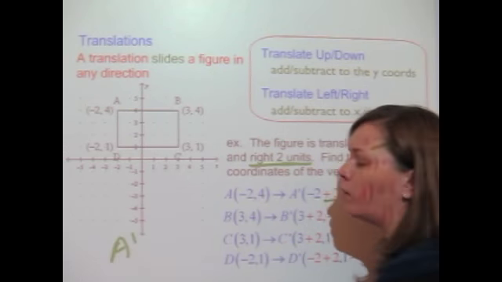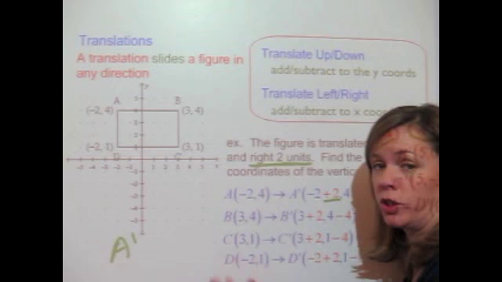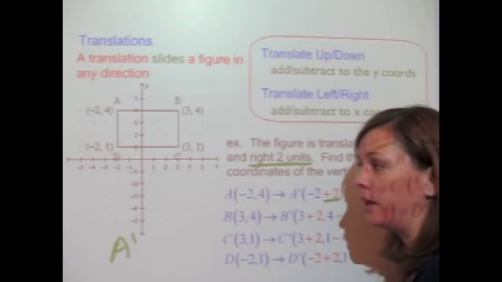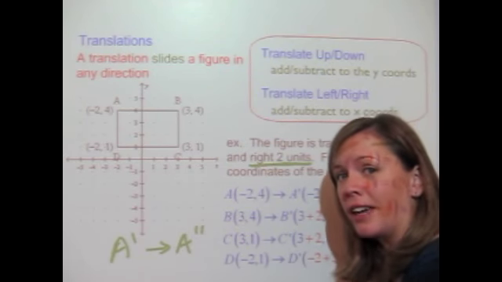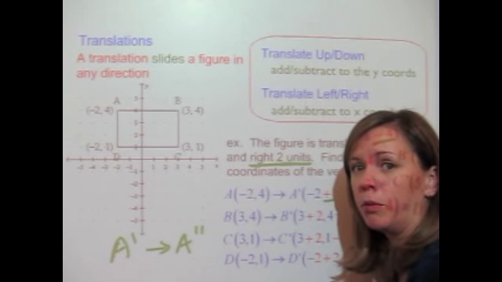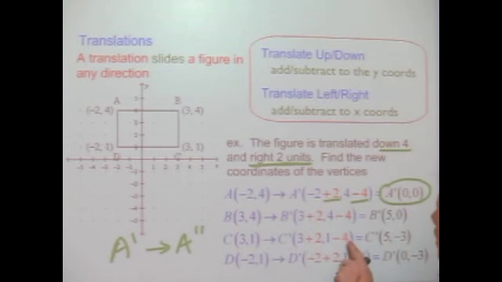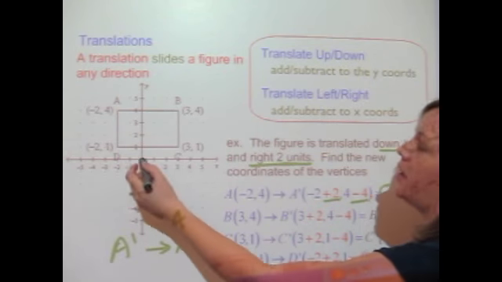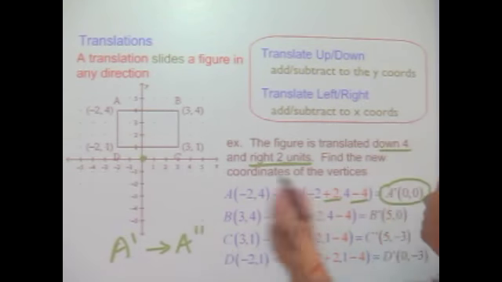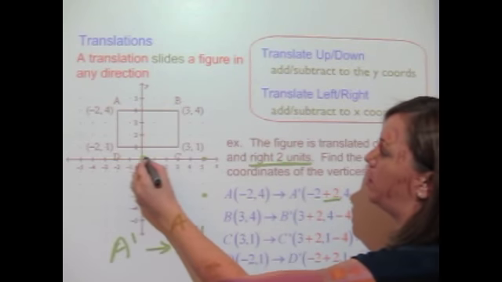And that new coordinate we call A prime. That prime indicates a translated or transformed coordinate point. Sometimes you might even take that point, transform it again, and you'll see notation like this, A double prime. It just means the second transformation. So if I add 2 and subtract 4 from each one of these coordinates, I'm going to end up with A at 0, 0, B at 5, 0, C at 5, -3, and D at 0, -3.